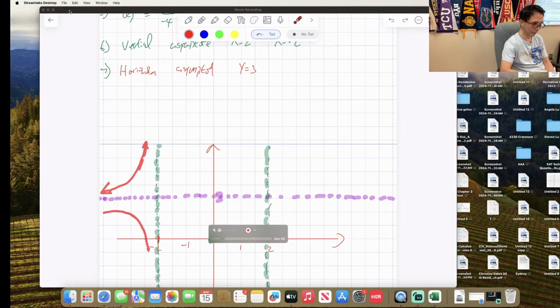Does that make sense? You get one or the other, but you're not going to get both because that's not a function. Is that okay?